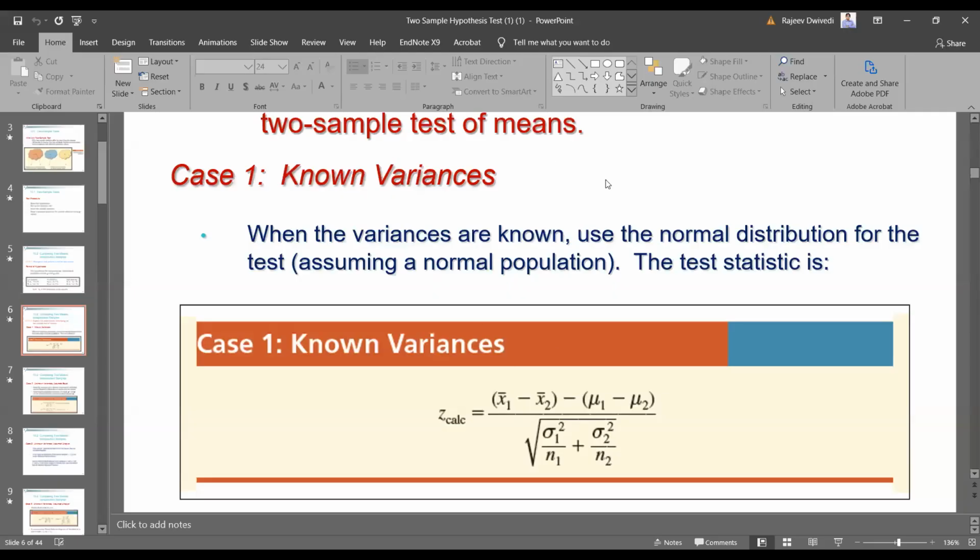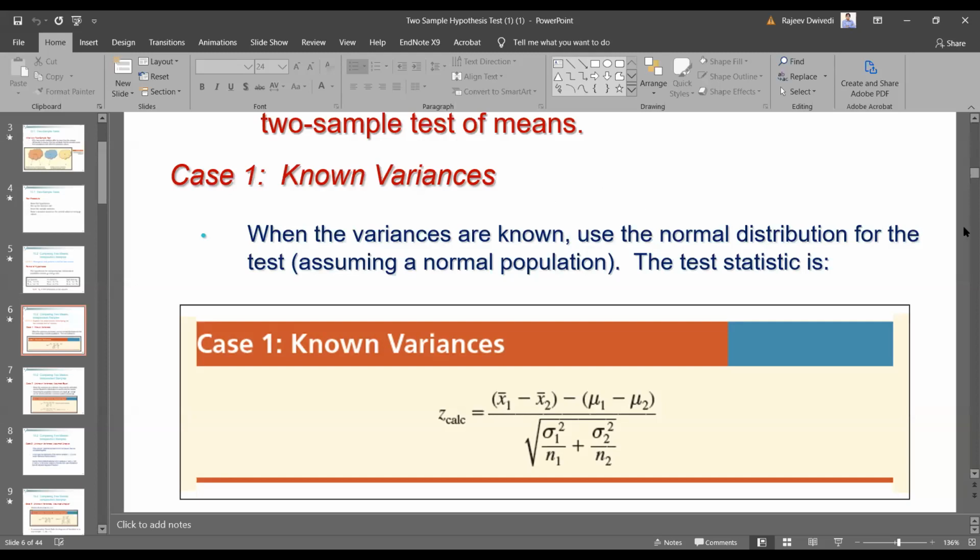As you remember from the last class, 503, there are two cases when you compare the means. When you have the standard deviation or variance known, then you are going to use Z statistics.